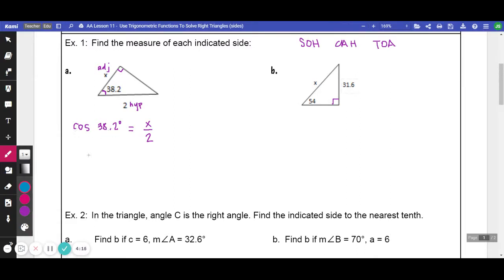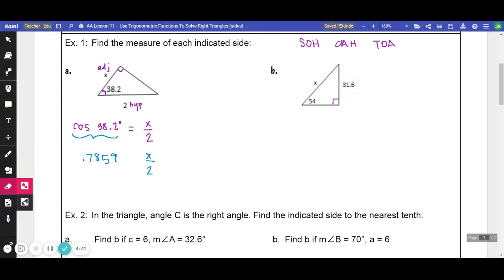So I'm going to use the cosine button and then 38.2. I should make sure that I am in degrees, because that would be bad. Okay, so using my calculator, this is 0.7859. I'm going to stop there. Equals x over 2.